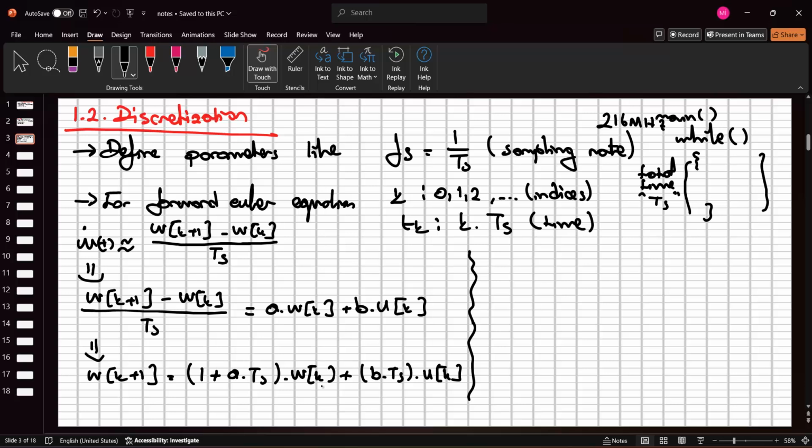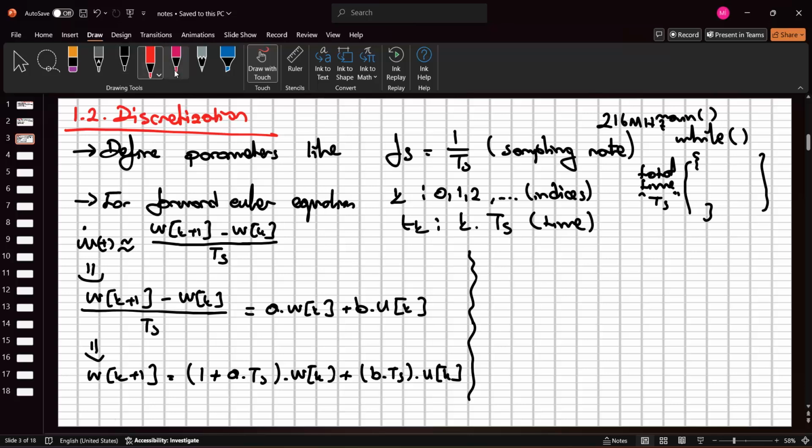If we know w(k), we can calculate w(k+1), and after that we can assign the next w(k) with these values, and it goes on, and then we will have the whole dynamics. But in the STM process, the MATLAB function, or real-time operation, we cannot use the continuous function based on this information.